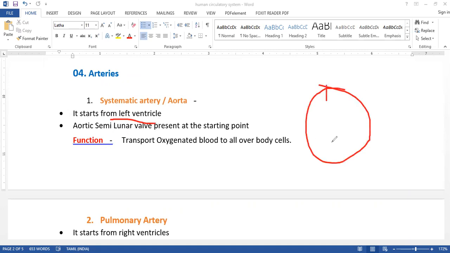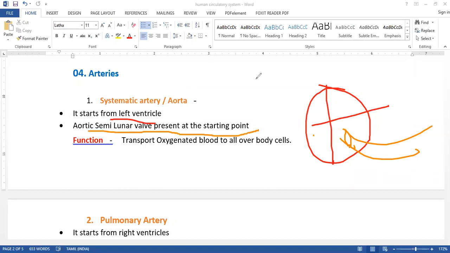As I said earlier, if this is a heart, it starts from the left ventricle. And the aortic semilunar valve is present at the starting point.